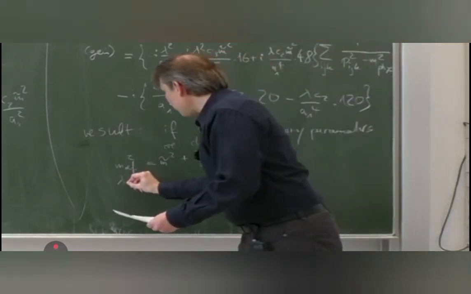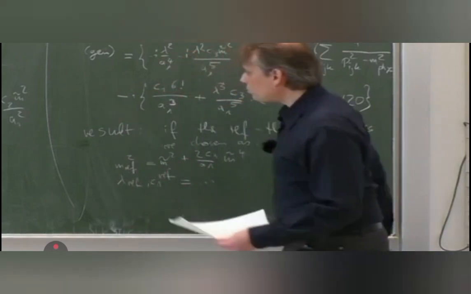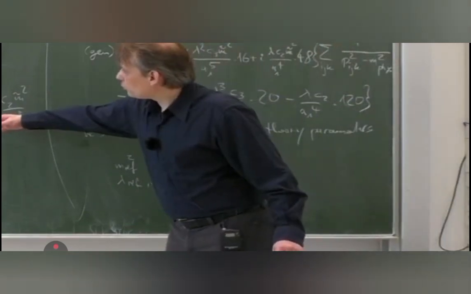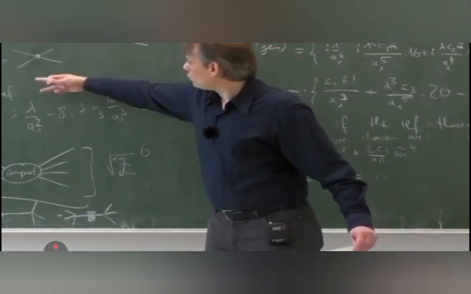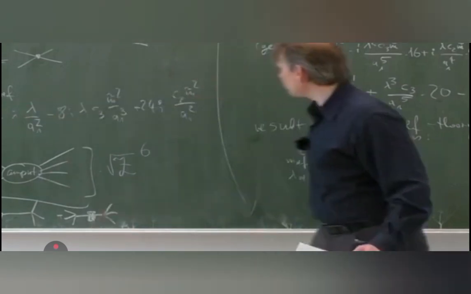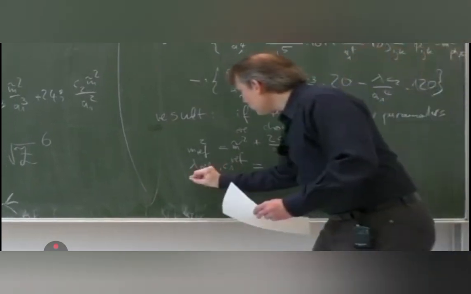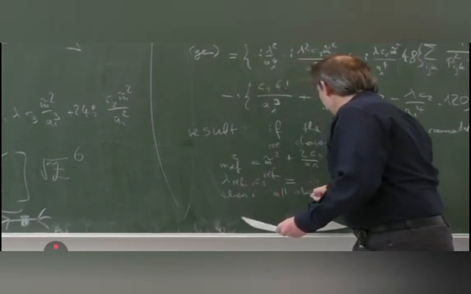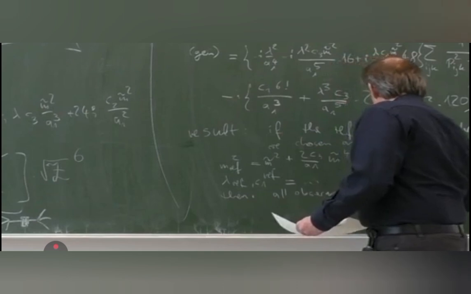And similarly, lambda reference and C1 reference is equal to some particular combination which you find in my notes and which you can obviously see. So here you see the equality that you need for lambda. That must become lambda reference and something similar. So here the curly bracket must become C1 reference. Then all observables are equal.